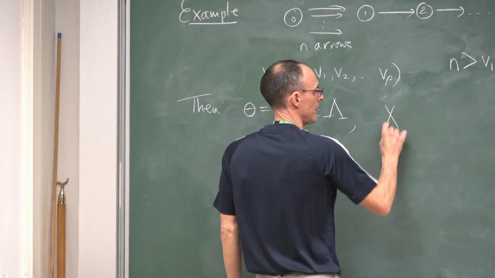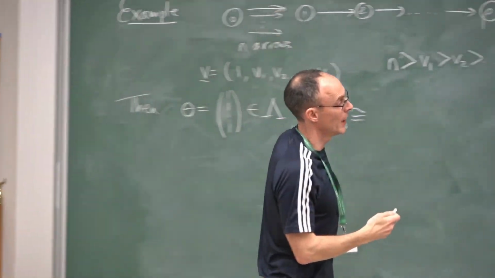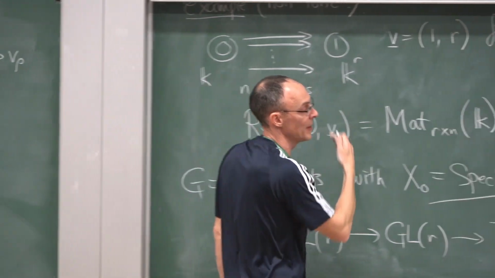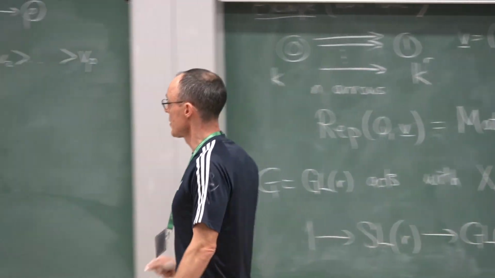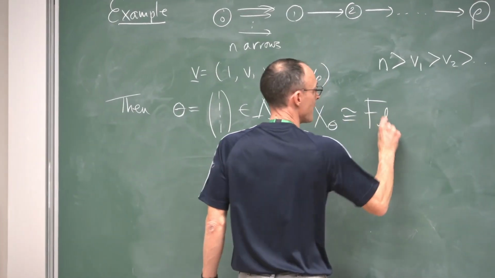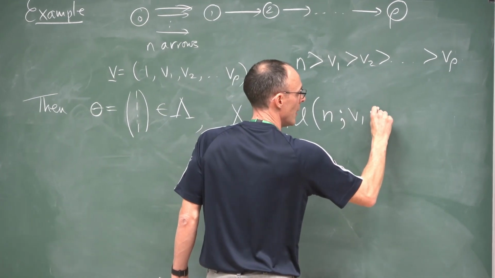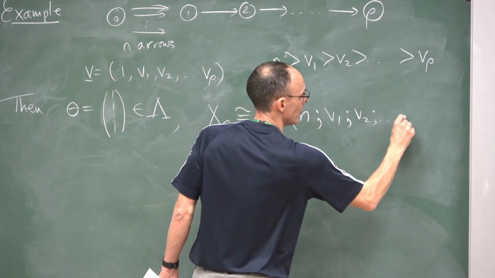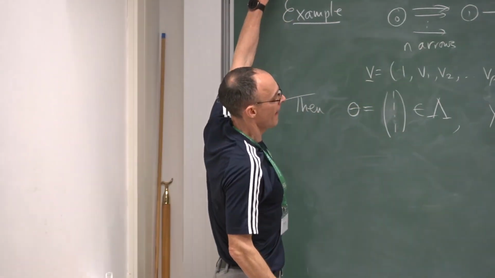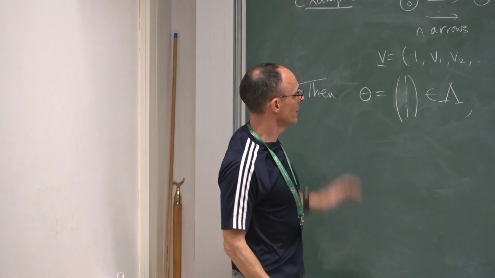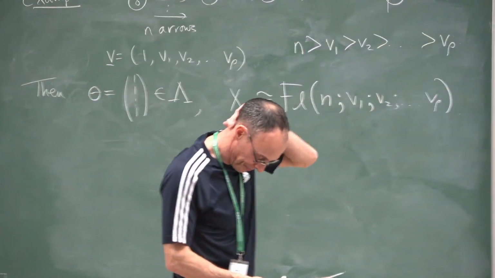Then x theta is isomorphic to, it's a similar setup, it's linear maps, and the choice of stability condition is insisting that each of the maps is surjective. So it's the flag variety, partial flag variety. Again, I'll use semicolons to remind you that we're dealing with quotients. These are all, the maps are all surjective. So partial flag variety of type A, just from this quiver.